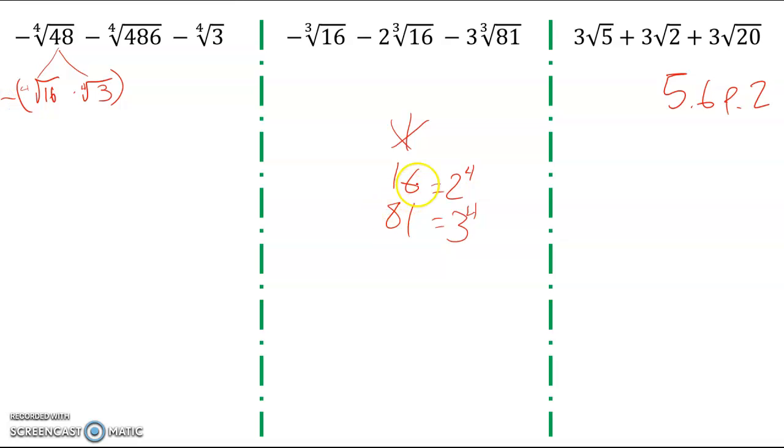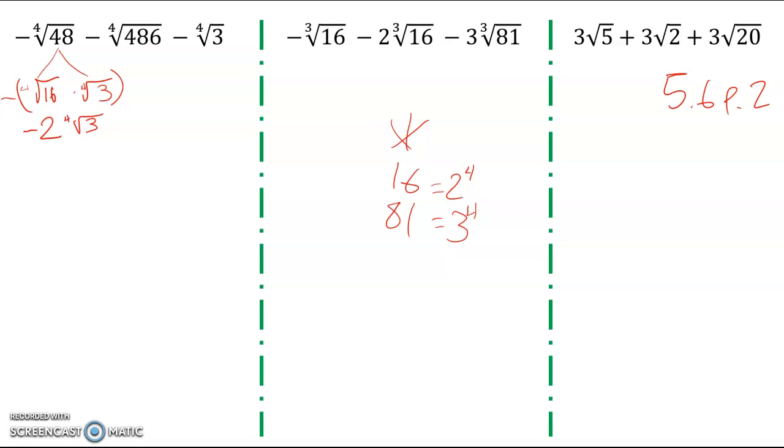As we look over here, since 2 to the fourth power is 16, the fourth root of 16 is just 2. And the fourth root of 3 doesn't simplify, so we just leave that as 2 times the fourth root of 3. Multiply by this negative that's still out front, and that becomes negative 2 times the fourth root of 3.